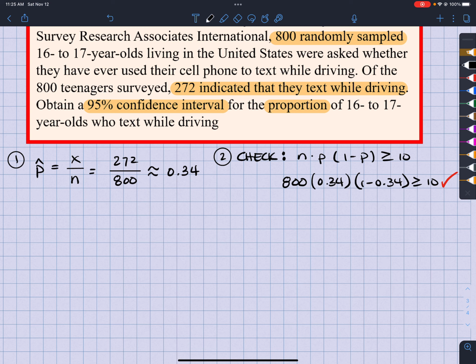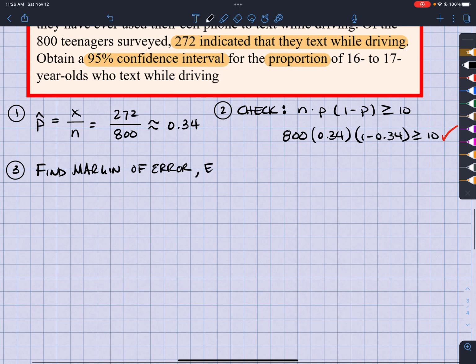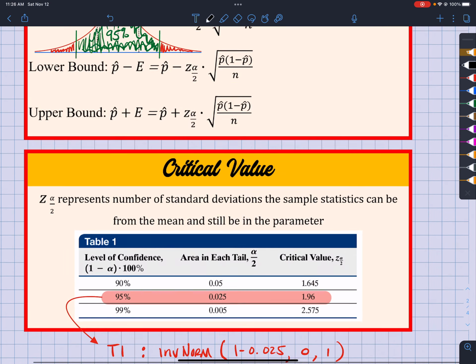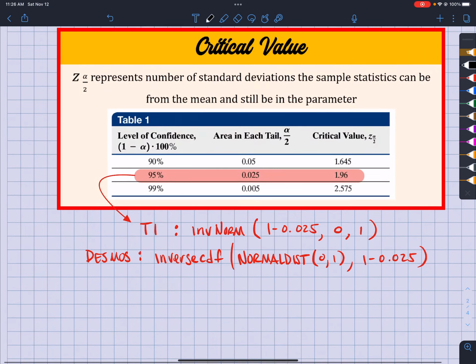So the third thing we want to do, since we already have the mean or the point estimate, now we just need to find the error. So that would be step 3. So find margin of error, which is E. So E we found was Z of alpha divided by 2 times the standard deviation.